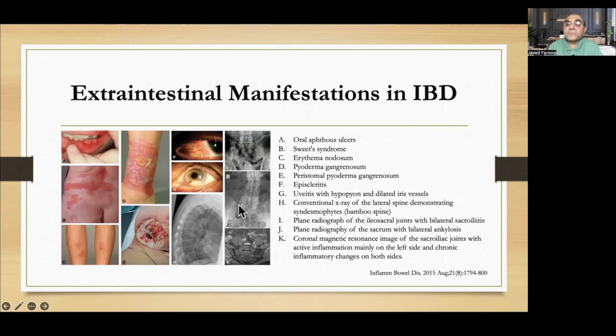This is the plain radiography of the sacrum with bilateral ankylosis. And this is the coronal magnetic resonance imaging, MRI, of the sacroiliac joints with active inflammation, mainly on the left side, and chronic inflammatory changes on both sides.